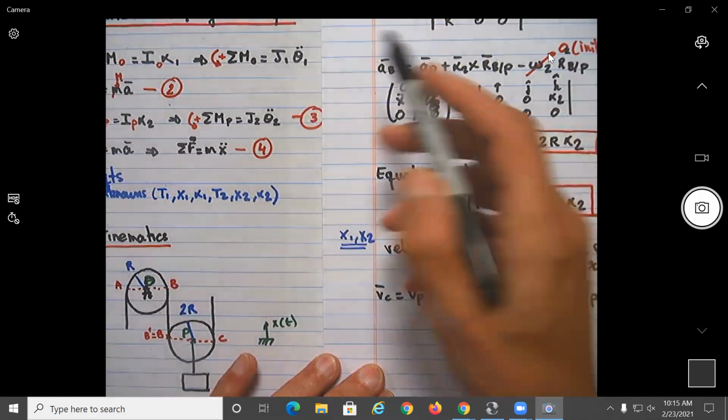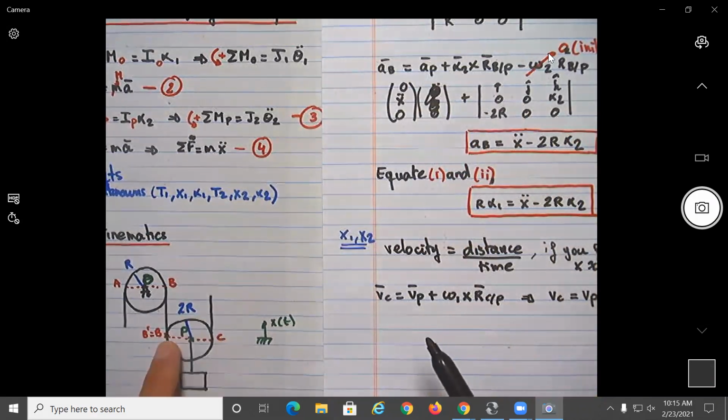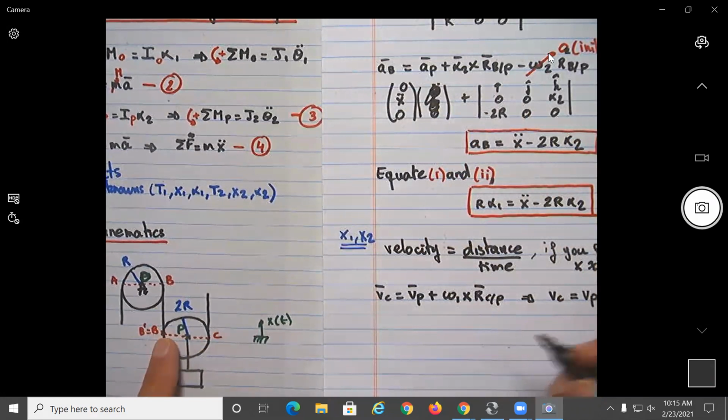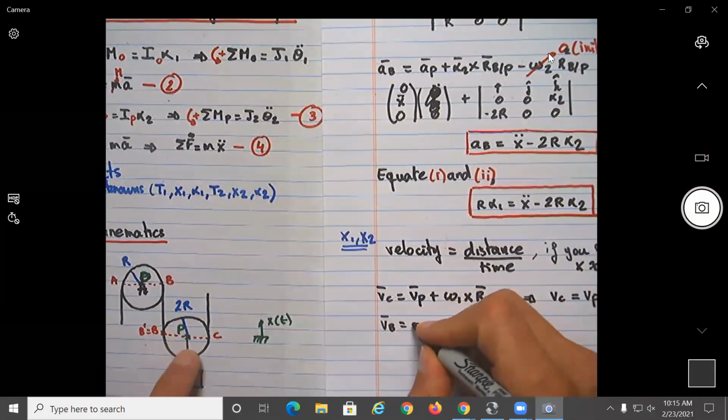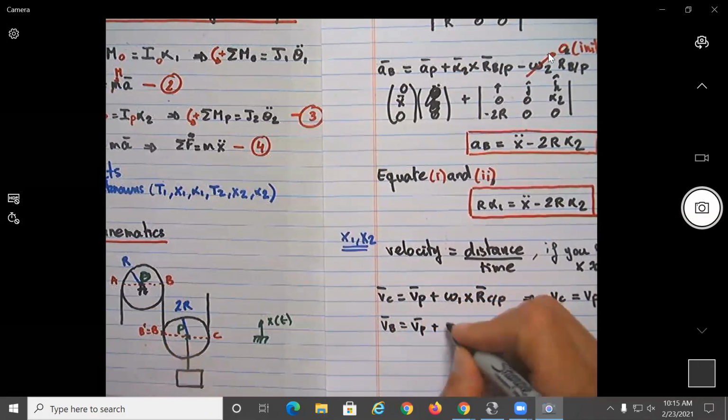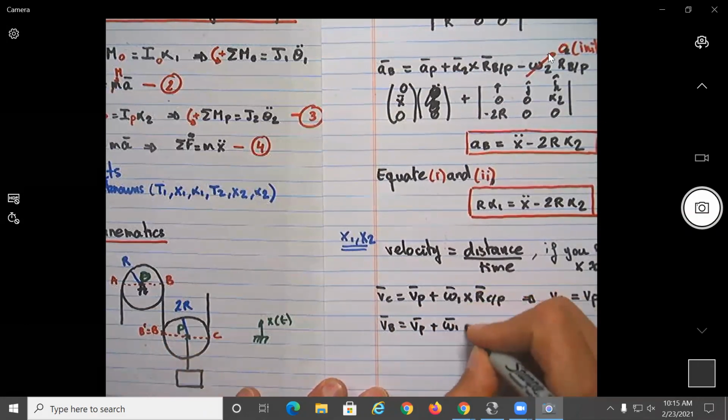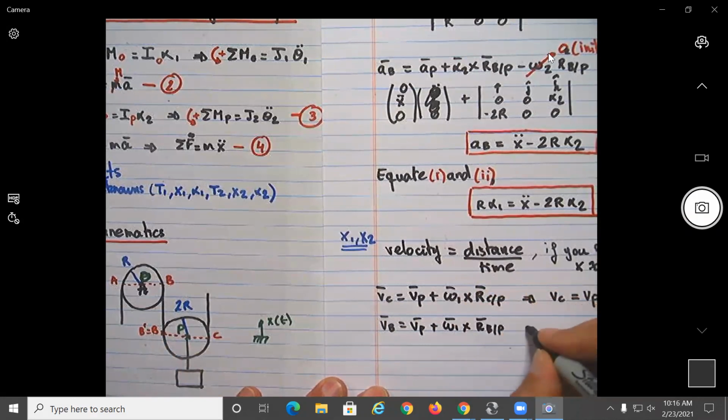And for the one on the other side, which is what we just said, no? We could do the same thing. Velocity of, for this one, what would you have? Vb with respect to P would be what? Vp plus omega 1 cross R of B with respect to P.